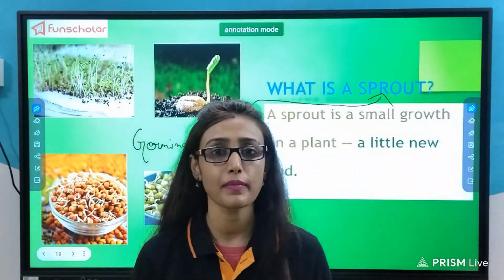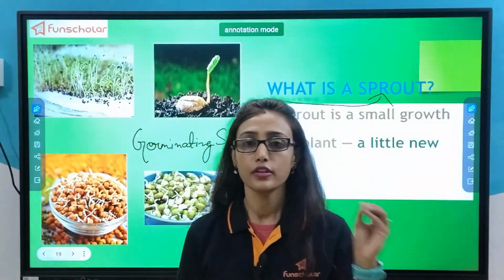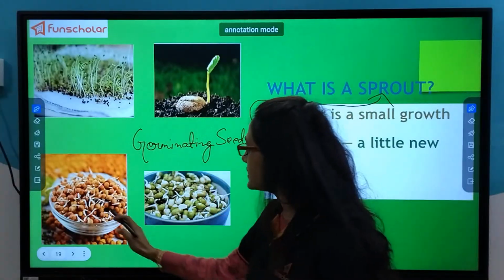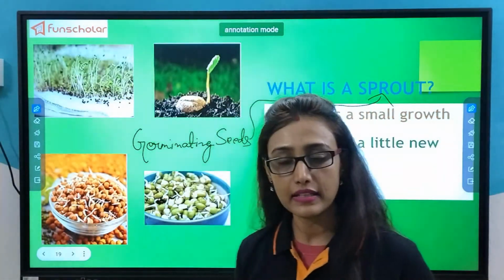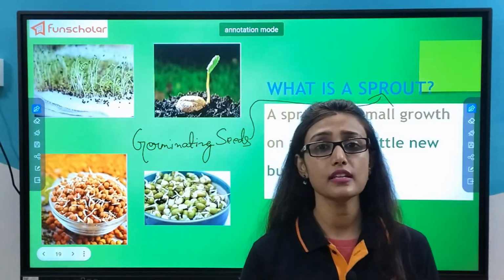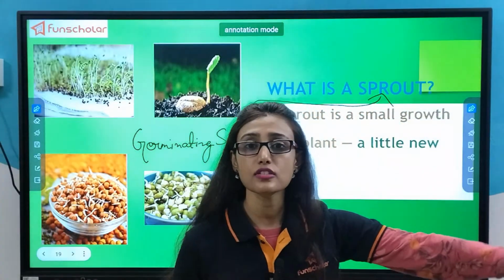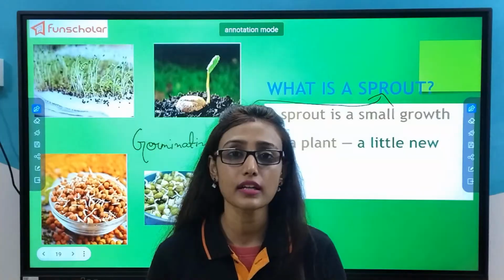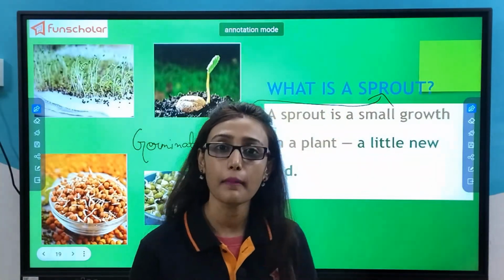Often sportsmen, those who are concerned about health, do eat this kind of seeds every morning for making their health better. It is full of fibers, it is full of nutrients, so it is very good for our health. So here the process of germination is not complete. In sprout, the process is incomplete.